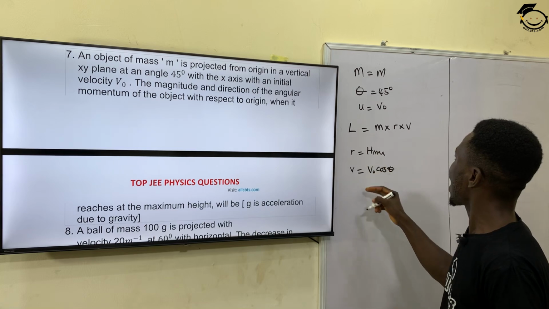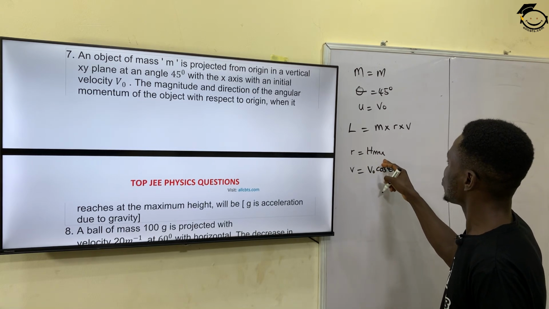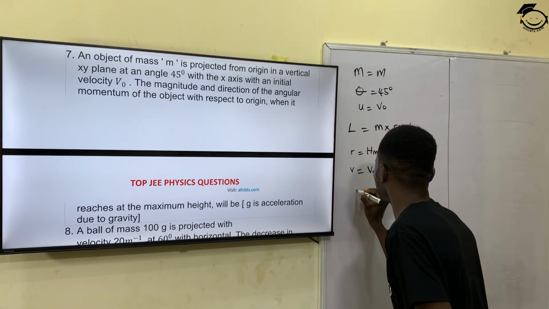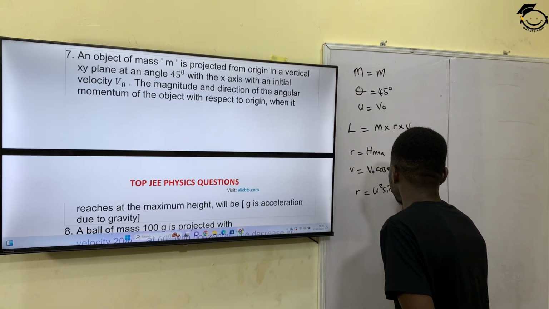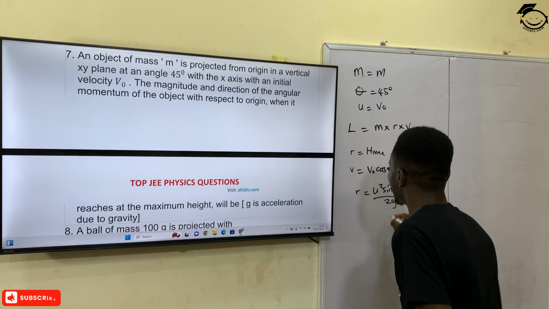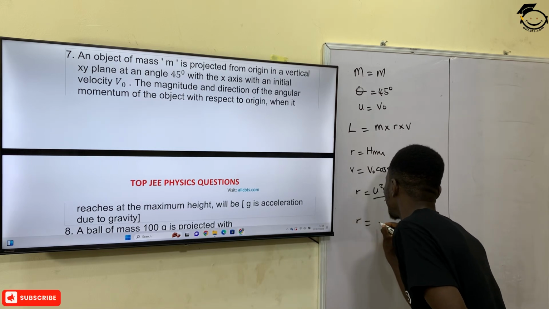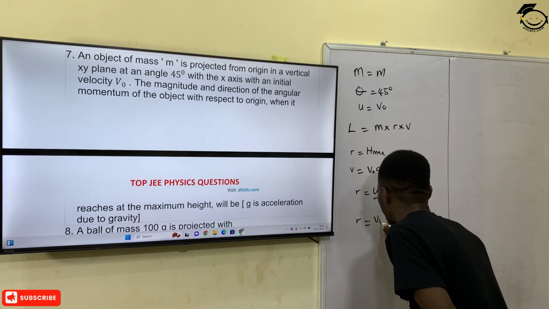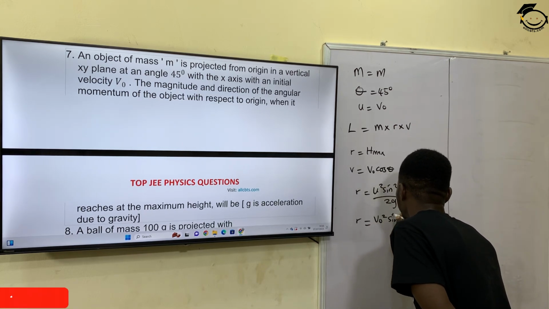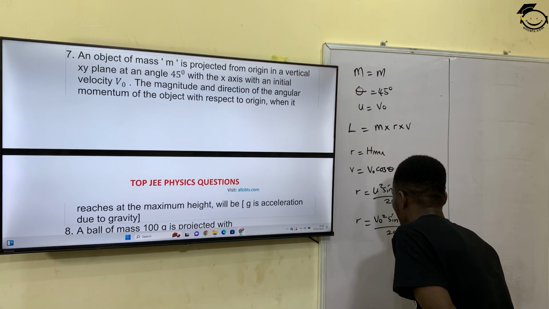So I have to find my r, which is my maximum height. And my r, which is maximum height, is u squared sine square theta over 2g. This is the same as saying that my r is equal to v naught squared sine square 45 over 2g.